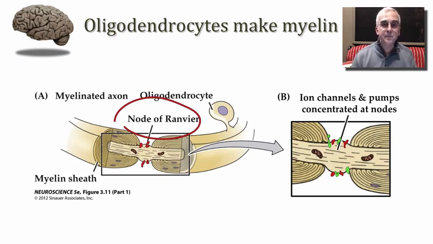But with myelin, a smaller number of ion channels can be concentrated in much less surface area along the axonal plasma membrane. So this leads to greater efficiencies as well as greater speed of conduction. So let's look at how this works.